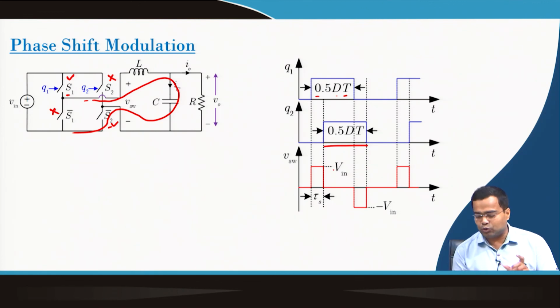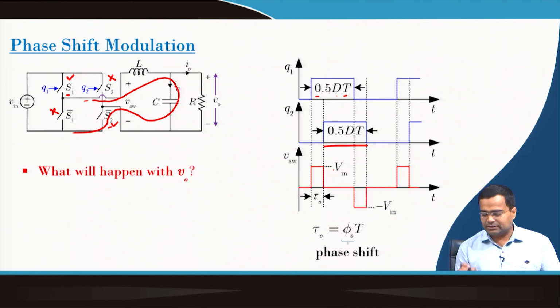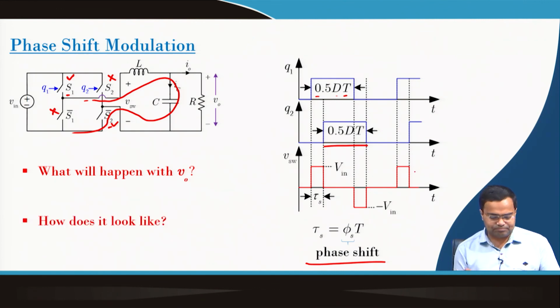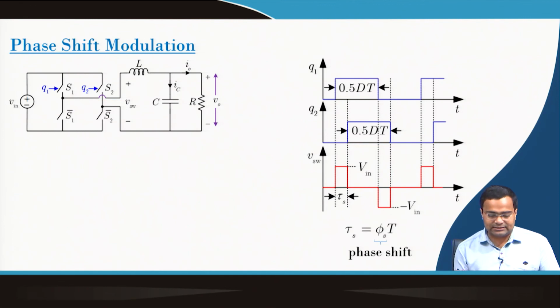When S1 and S2 are both on, you will see 0 voltage across the switch node. If you take S1 off and S2 on, it will get negative voltage, and when S1 bar and S2 bar are on, you will see 0 voltage. So, with this you can vary the phase shift, and accordingly change the width of the pulses.